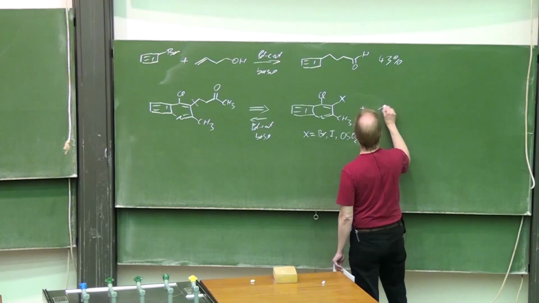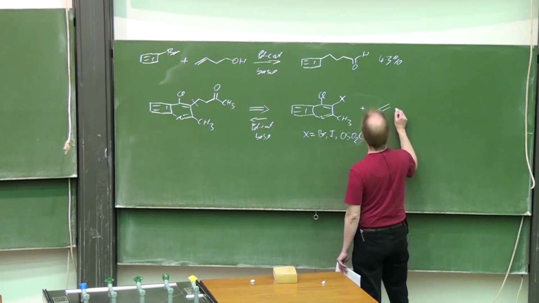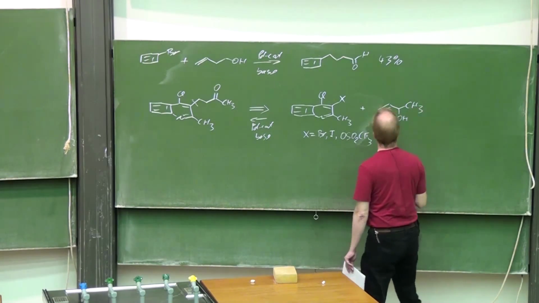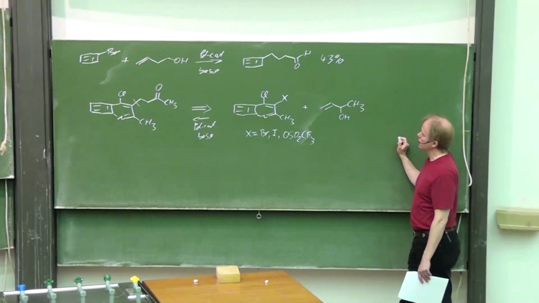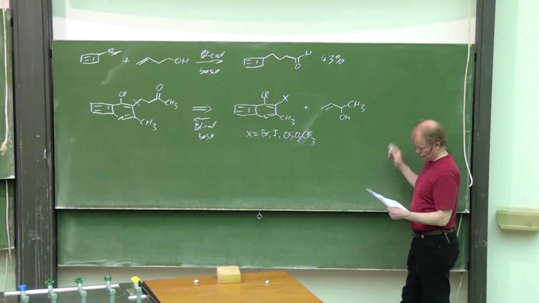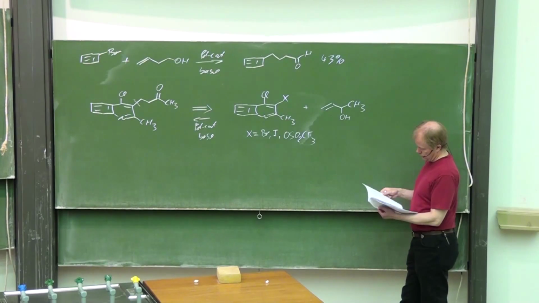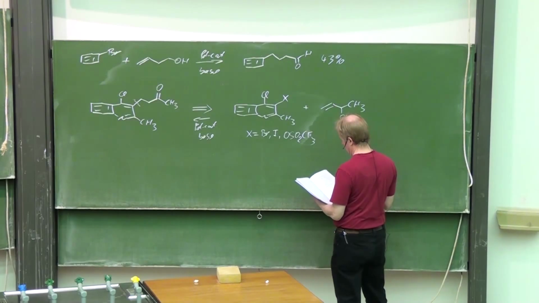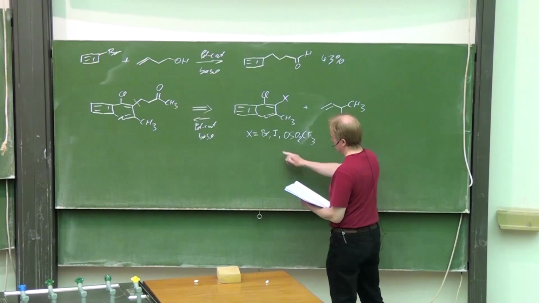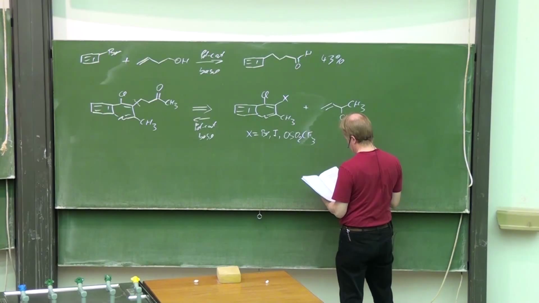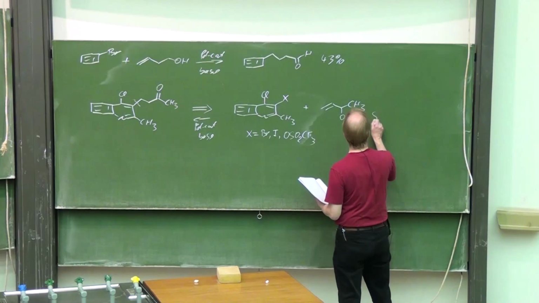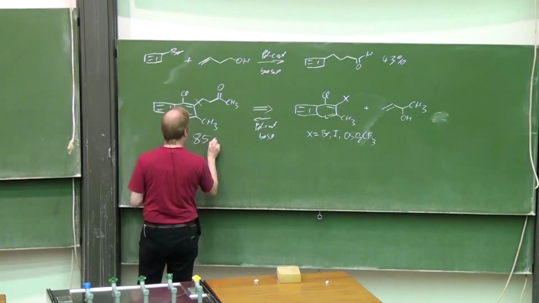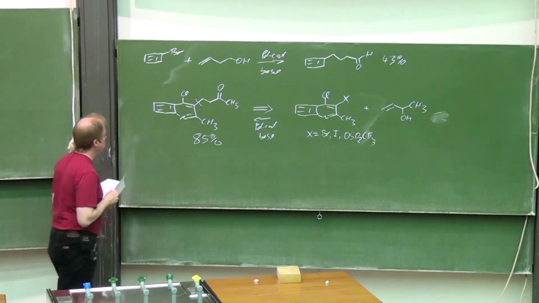What else do we need? Just this allylic alcohol. This reaction works quite nicely with an iodide as the substrate and an 85% yield was obtained of this product.